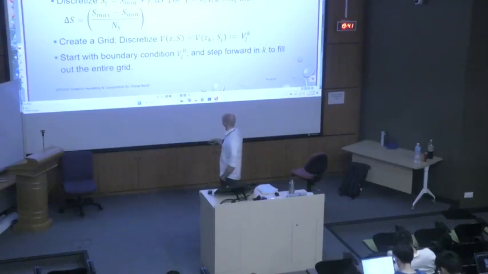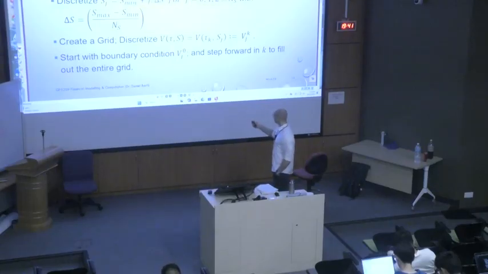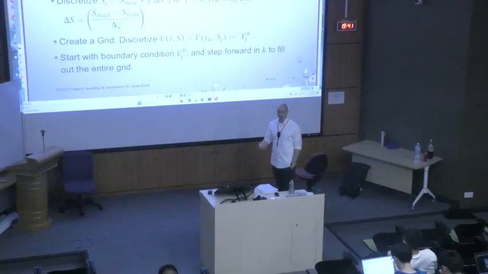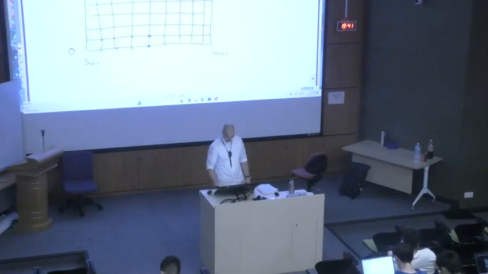S min and S max are the boundaries of my universe. And I will use the following notation for the numerical solution: V upper index k, lower index j, the solution at time tk, given state Sj.